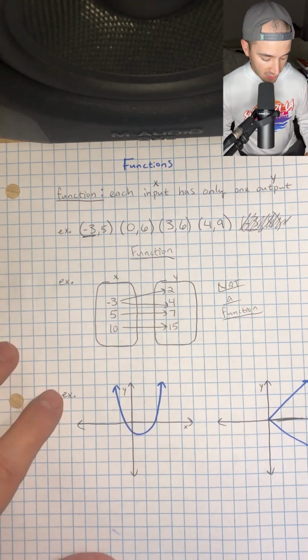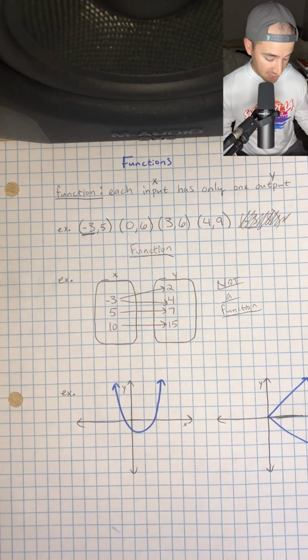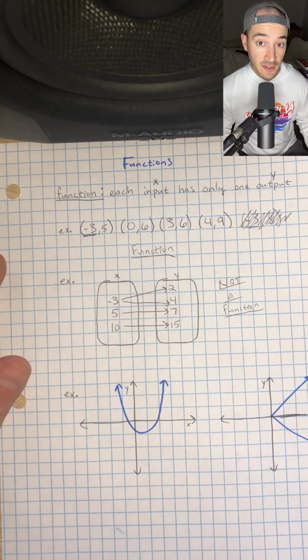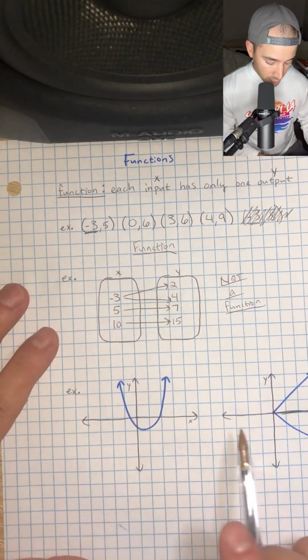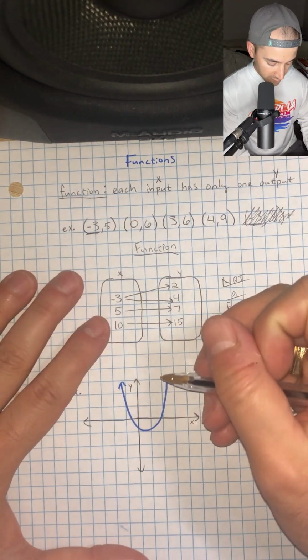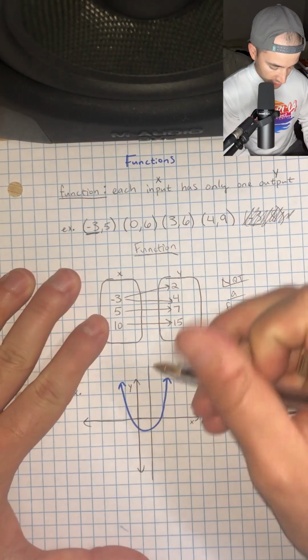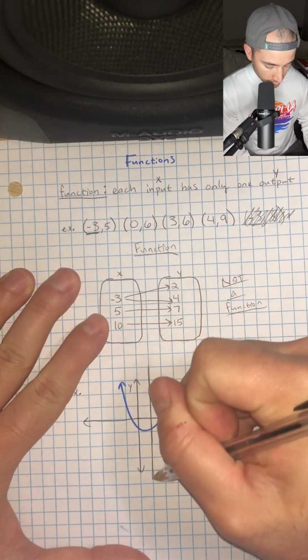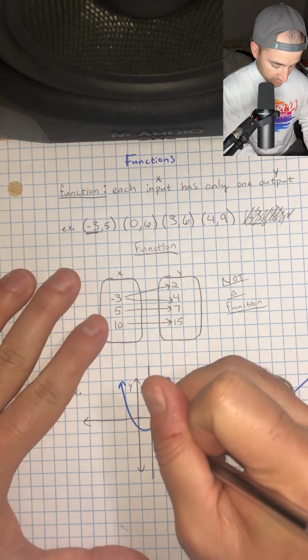All right, and then the last example, we're looking at two graphs, and the way we can look at a graph and tell if it's a function is by using the vertical line test. Here's what that looks like. Anywhere on this graph, in order to be a function, we should be able to draw a vertical line straight up and down and only cross through the blue graph once.